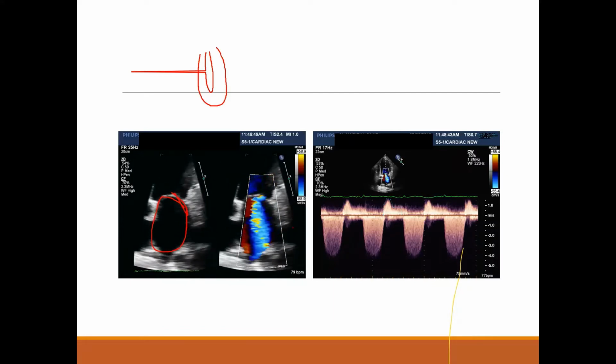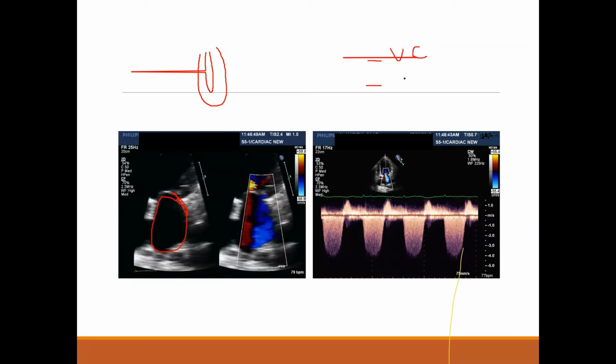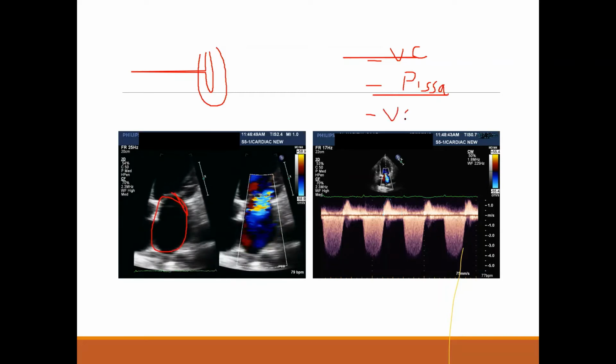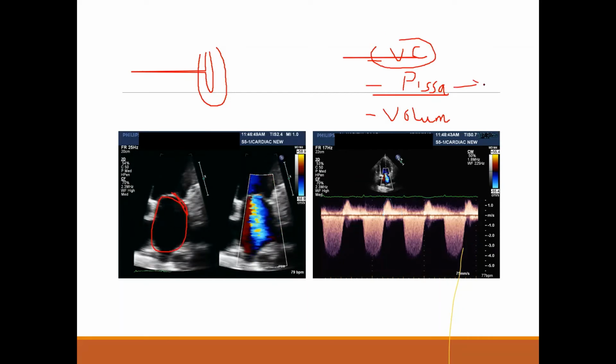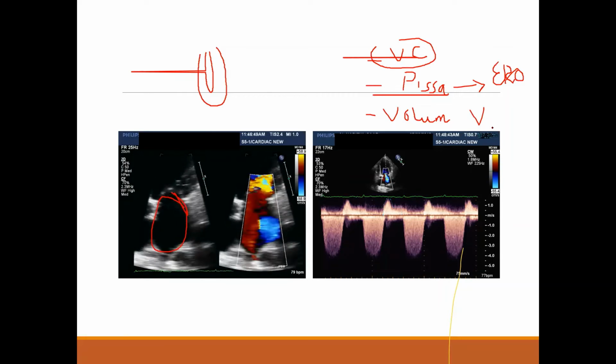You have to go more objective, and objectivity means you have to go for vena contracta, which is semi-quantitative, PISA, and ERO, and the volumetric assessment, the volume of the mitral regurgitation and the regurgitant fraction. We have only these three.